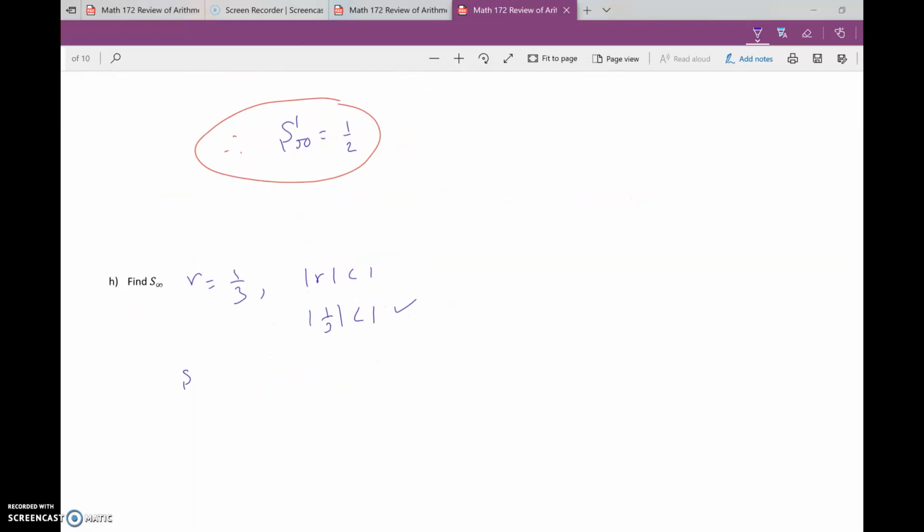So in that case, S infinity is equal to, the main formula is a sub 1 over 1 minus R. So for this one, we're going to have 1/3 over 1 minus 1/3. And let me just simplify. Multiplying top and bottom by 3 will give us 1 over 3 minus 1, or 1/2.